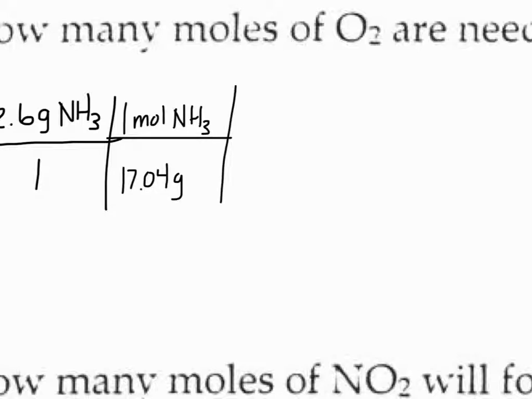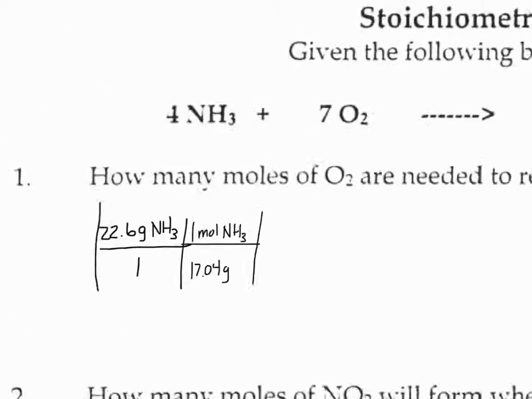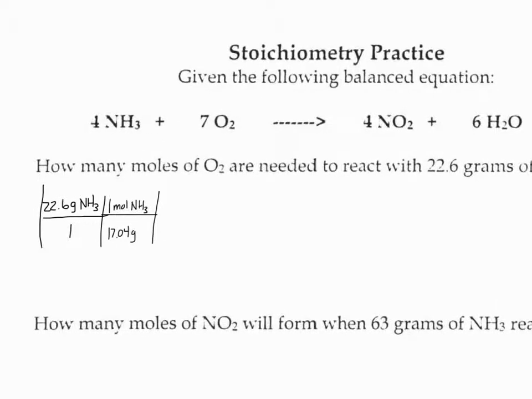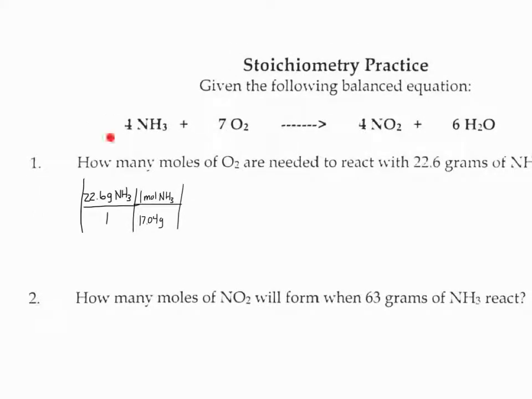Now that we have converted to moles, we can then use our mole ratio, which we get from the balanced equation. So right up here, our balanced equation, we get our mole ratio of NH3 to O2. Now when we use our mole ratio, we always want to put what we want on top and what we have on the bottom.